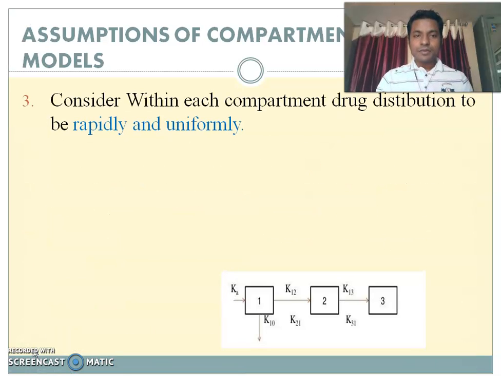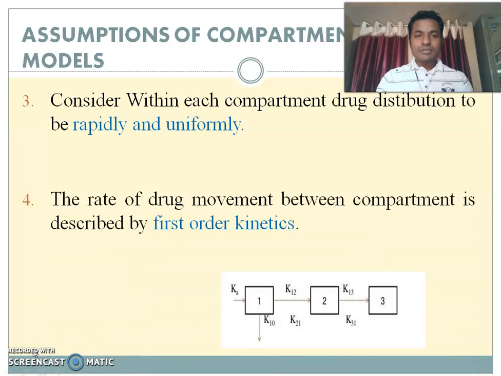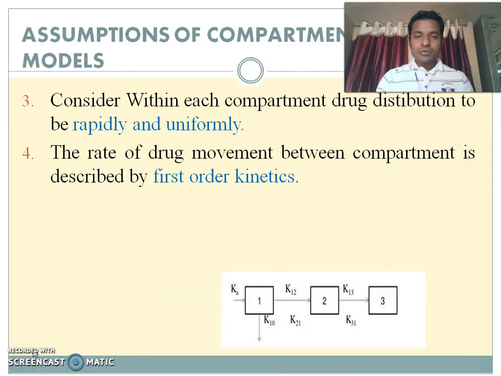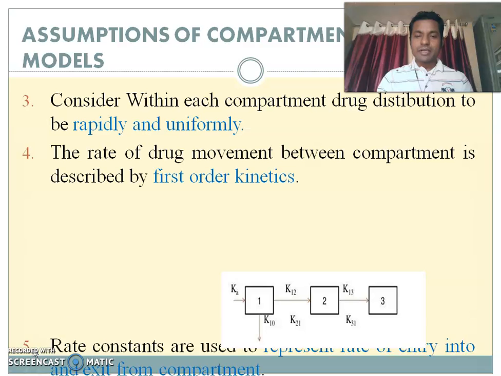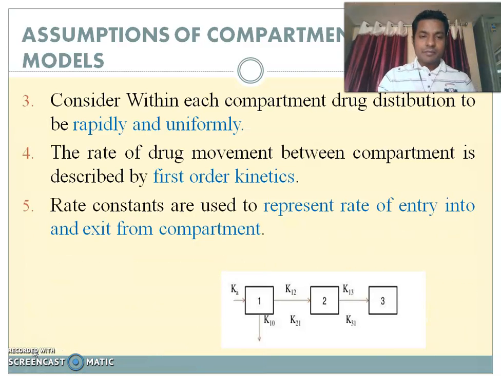Now what are the third assumptions? We have to consider that drug distribution in each compartment is rapid and uniform. Then the fourth one, the rate of drug movement between compartments is described by first order kinetics. Then the fifth assumption is that rate constants are used to represent the rate of entry and exit from the compartment.